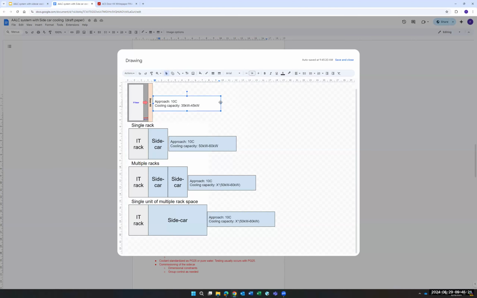But the same formula is true. If you can get 50 to 60 kilowatts per cabinet width, the bottom one there is n point something cabinet widths wide. So the cooling capacity should be some fractional number of cabinet widths.